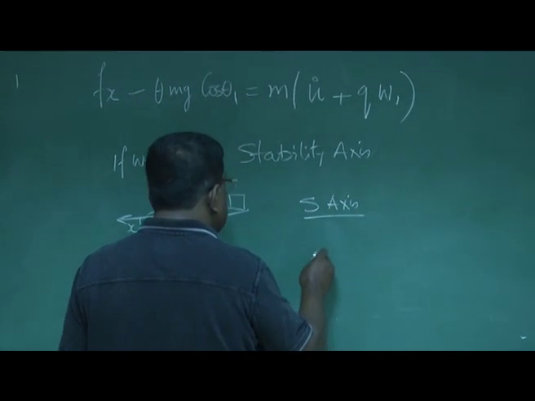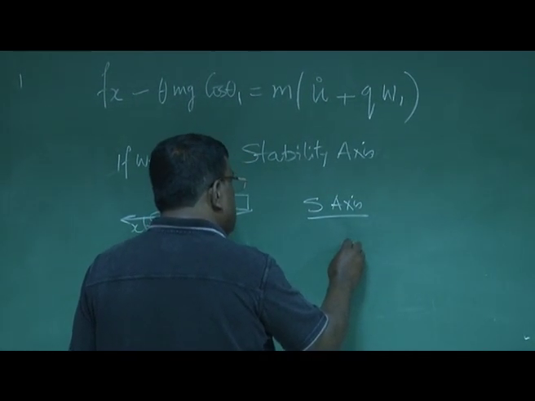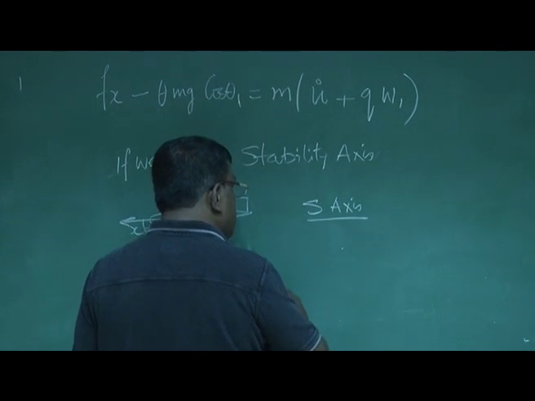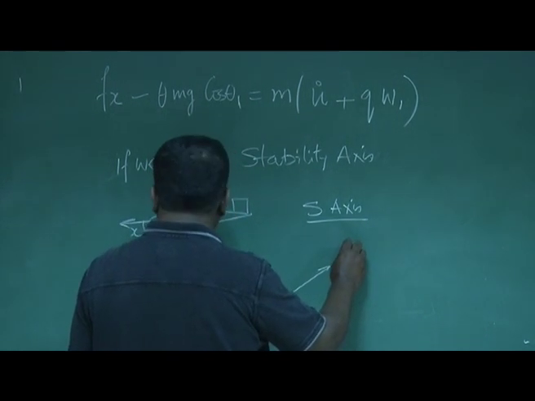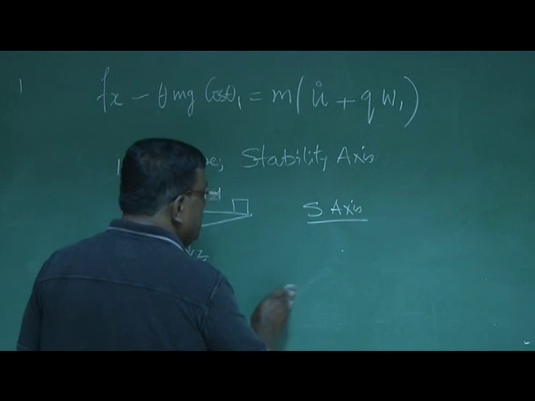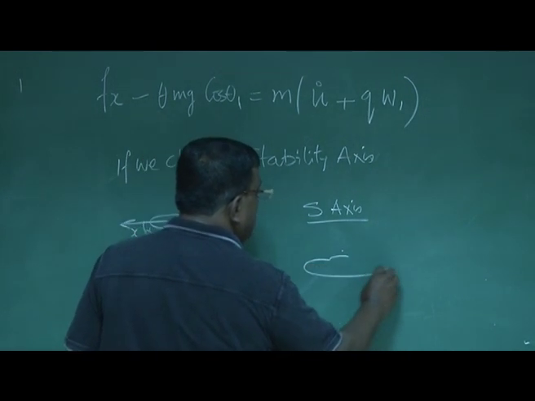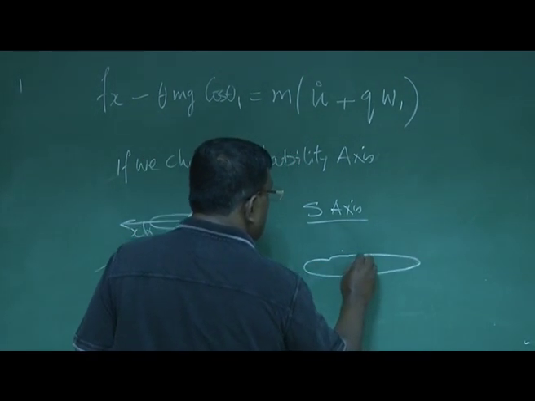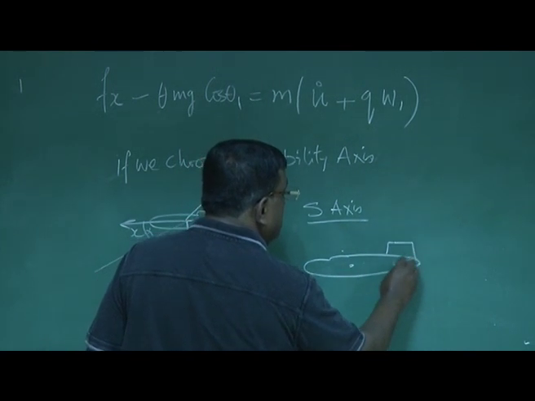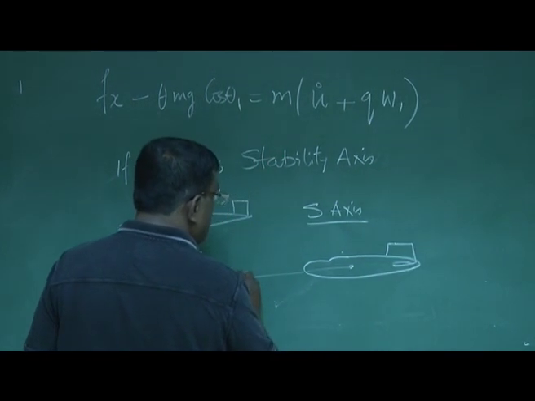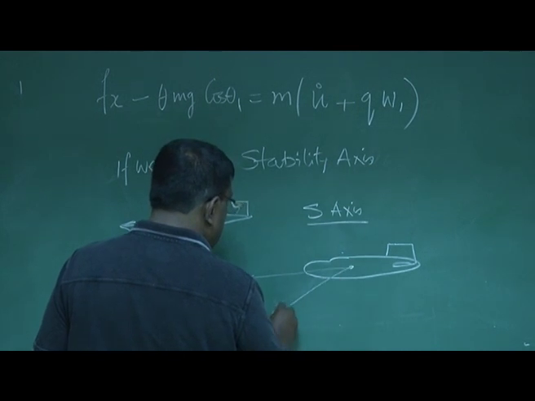and define it, the axis which points towards the velocity vector, so the x-axis is such that, let me do it like this. This is the airplane, and this is the velocity vector.